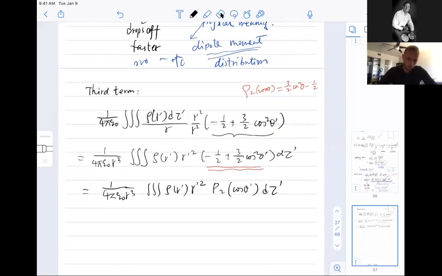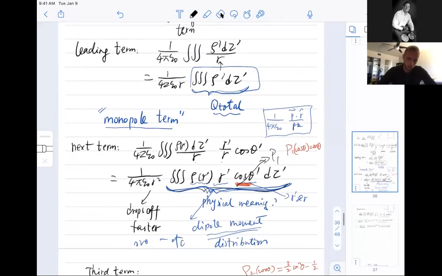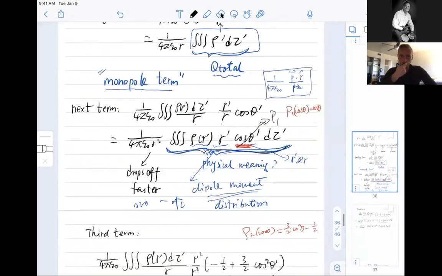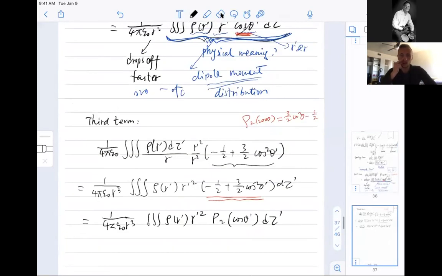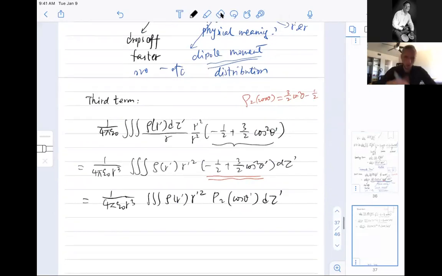Okay, so you can see the leading potential is 1/r, the largest. The potential due to the dipole is 1/r squared, a second order term, smaller, drops off faster. The third term is 1/r cubed, it's even less, right? So anybody would like to guess what we have here?